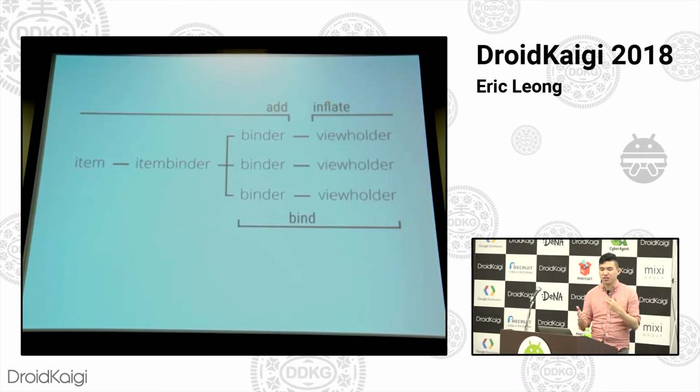This is important architecturally, because now your photo view holder can be used for different post types, or your reblog view holder can be shared between different items. And that's important for using less memory.